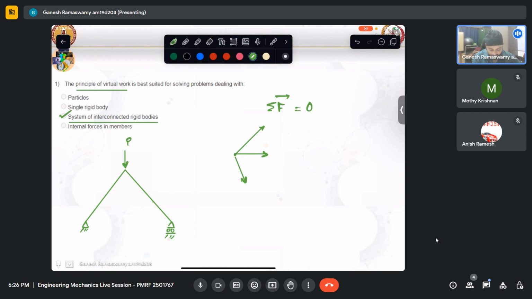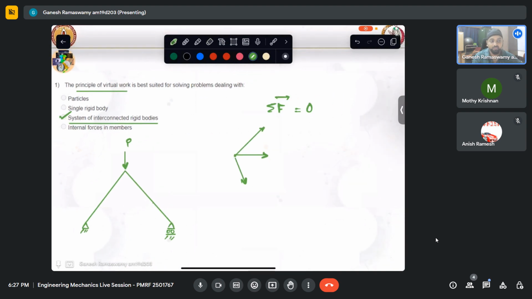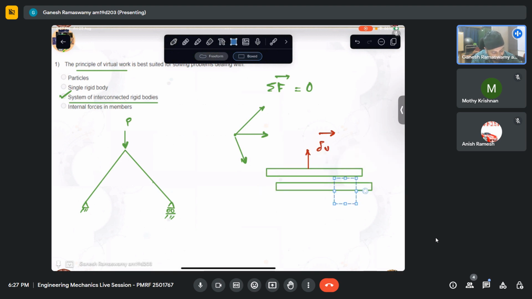Now there will be one more question that one can ask, that why internal force in the member cannot be analyzed like that. So let us look at why that is. Let us take this to be one body, and let me give this body a virtual displacement like that. Let us say that I have given a virtual displacement like that, such that this body would have gone there, but I'm not drawing the final configuration.